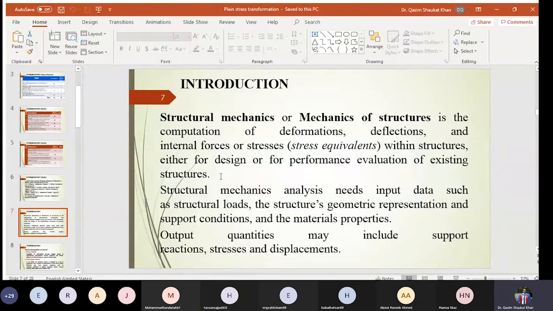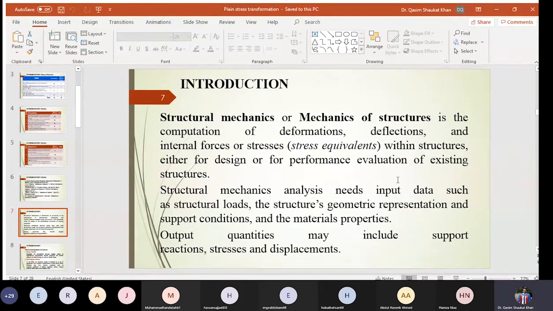In your lab, you will cast the cylinders to get the compressive strength for the new concrete. But for the existing structures, you can get the cores from the beams, columns, slabs, walls, and then you test those.